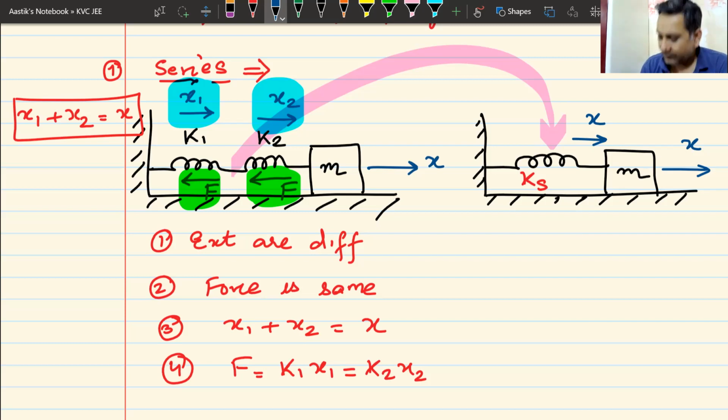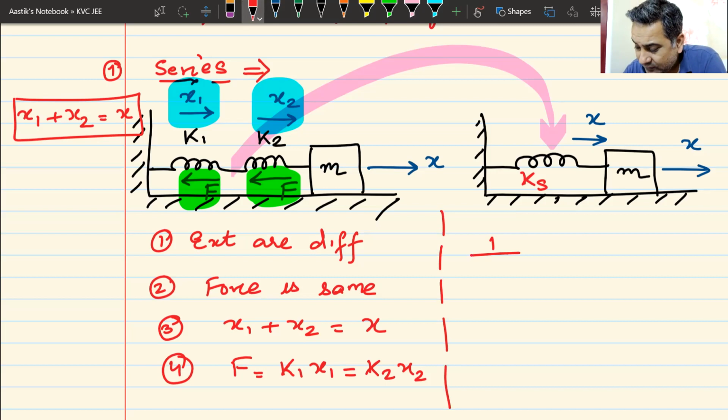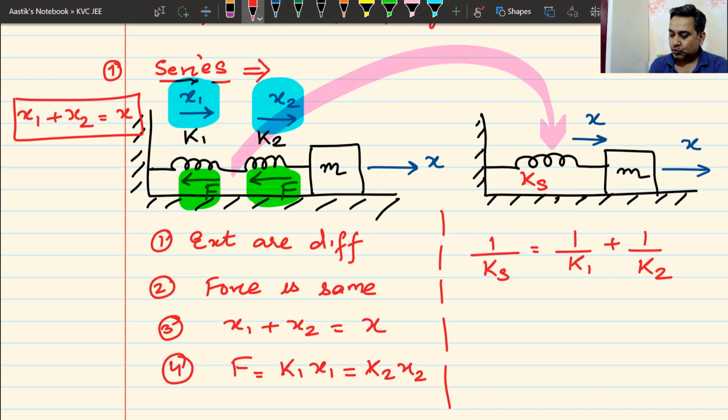Okay. Now, I'm just going to draw a line. Now the spring constant Ks, how will I find it? 1 by Ks will be equal to 1 by K1 plus 1 by K2. This is how you can find out the value of the spring constant.